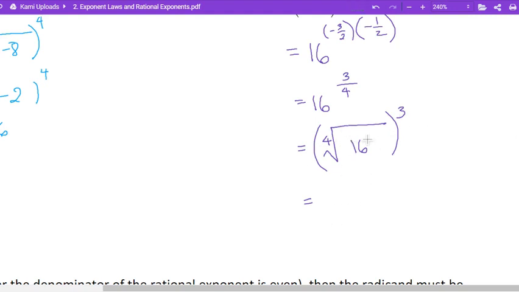Well, take the 4th root on your calculator or take a guess. And that's correct. 2 to the power of 4 gives you 16. So we reduce it to 2 cubed. 2 times 2 is 4, times 2 is 8, right?